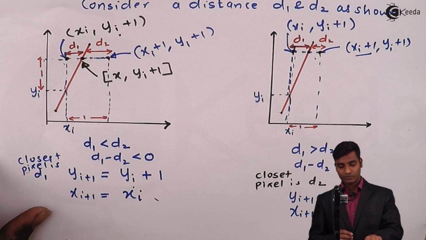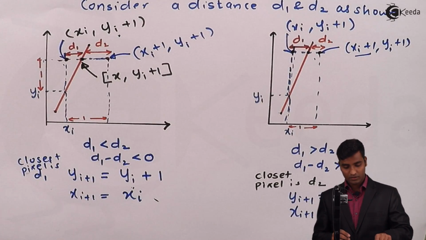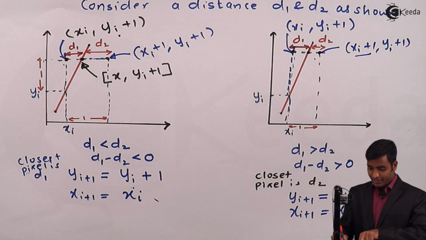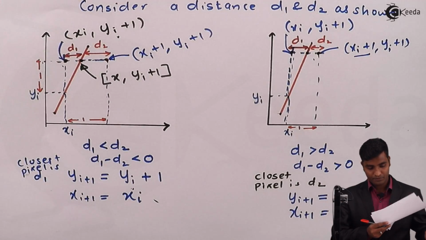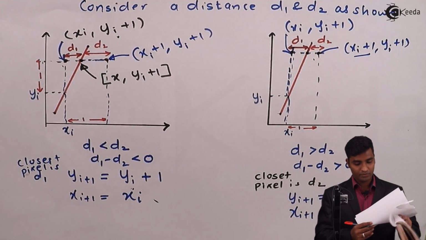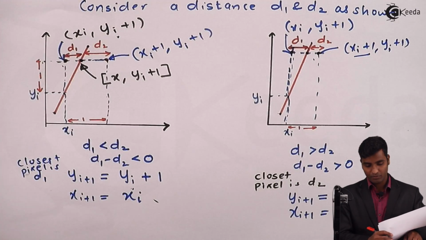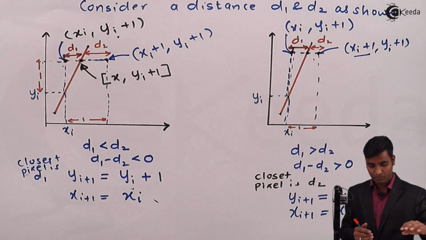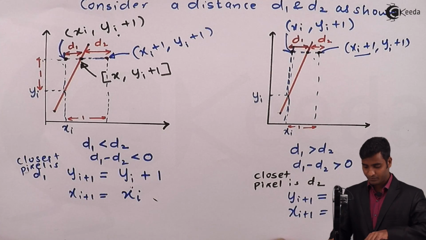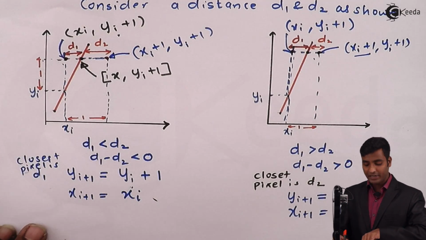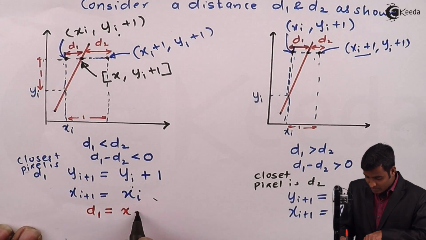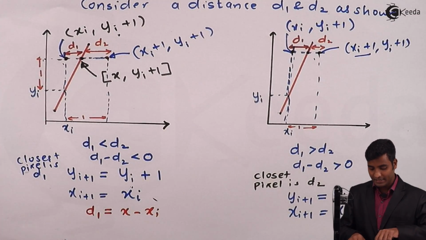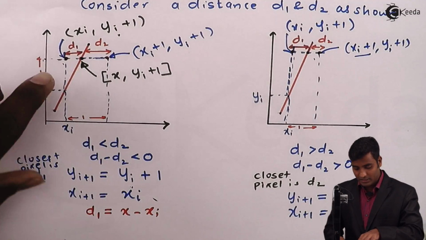So now from this figure, D1 equals x minus xi. You can see the distance D1.